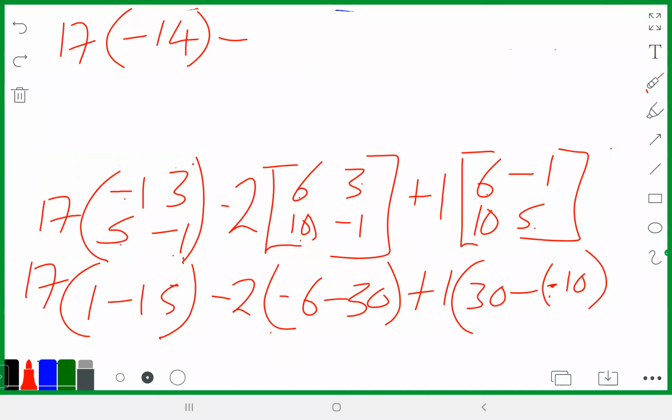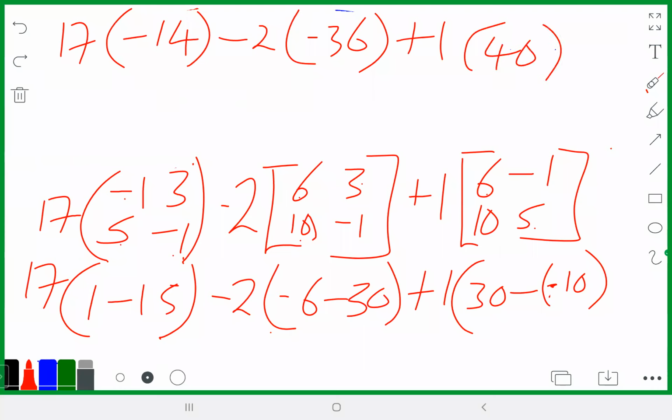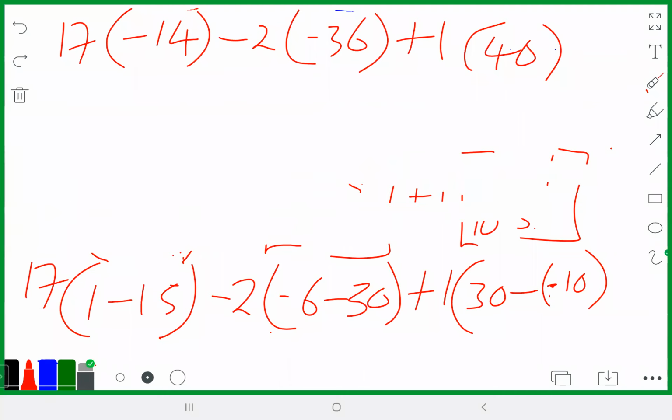Then you have -2 times the -36, right? Plus 1 times 40. Because the 30 minus 10, here it will become positive. You will have 40. Is that clear? Yes, sir, it is clear.